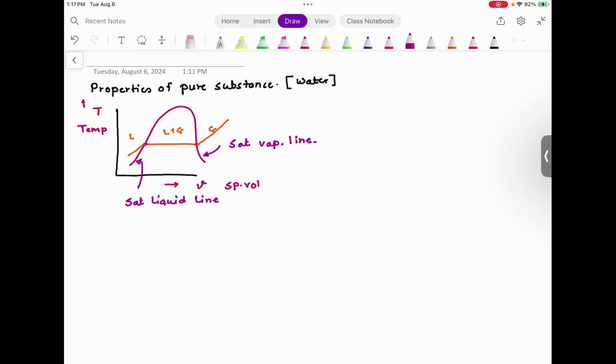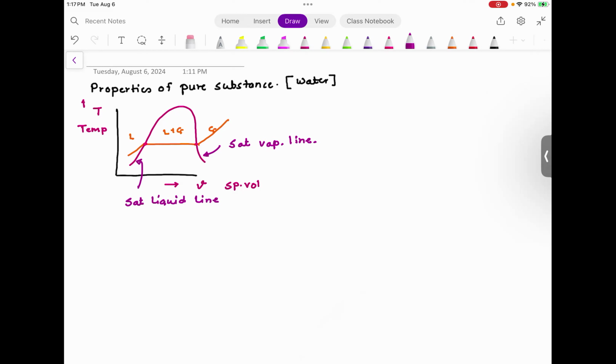Now what we are going to do is solve the problem. When we solve the problem, we need to find the appropriate properties using the steam table. Two classes ago, I worked out the first 2 problems from the notes.